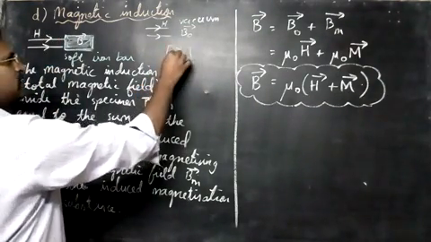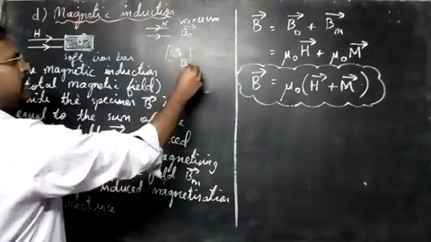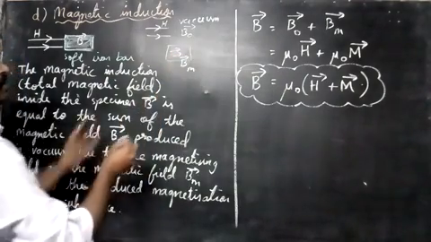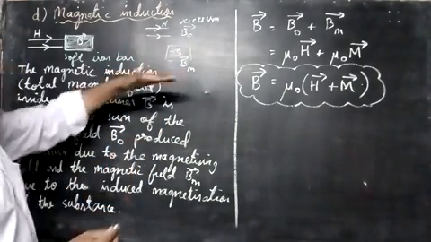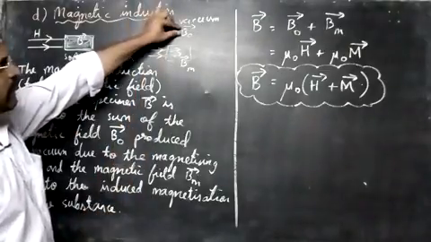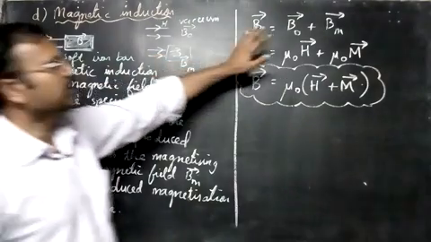These will produce another field here. That field we can say is Bm. There's another magnetic field produced because the dipoles will turn left and right. So we have to add this magnetic field B naught and then Bm also. That's what the equation is here.